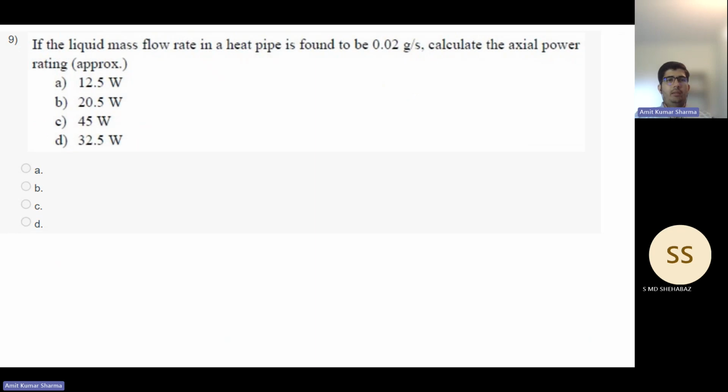So question number 9. If the liquid mass flow rate in a heat pipe is found to be 0.02 gram per second, calculate the axial power rating. A 12.5, B 20.5, C 45, D 32.5. So let me know the answer. I think you have to use some value of enthalpy for liquid.